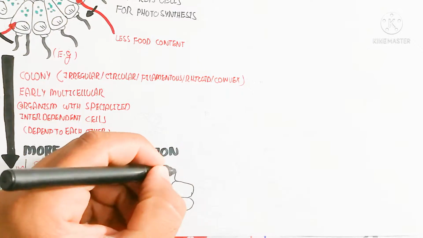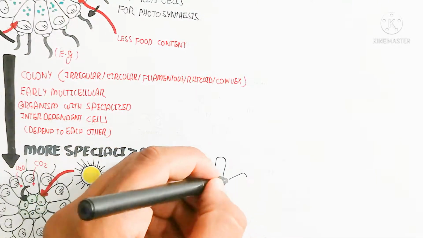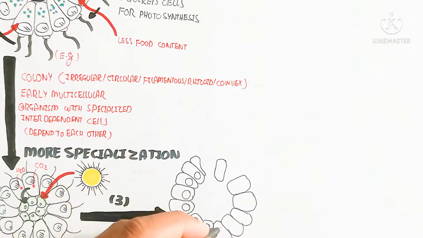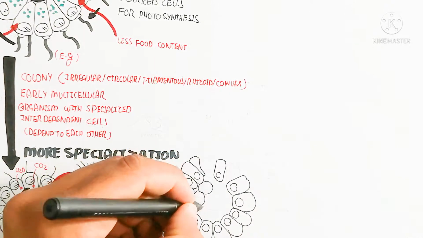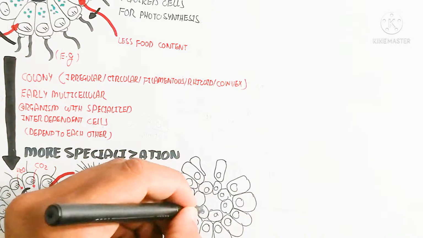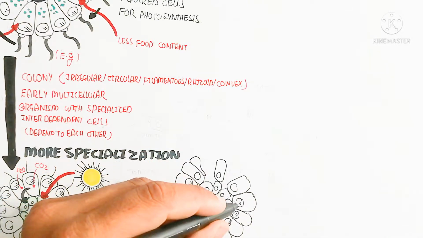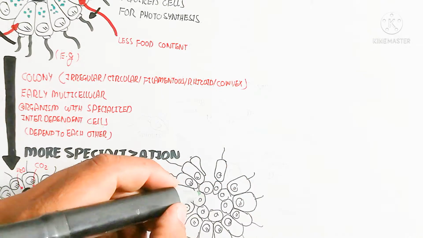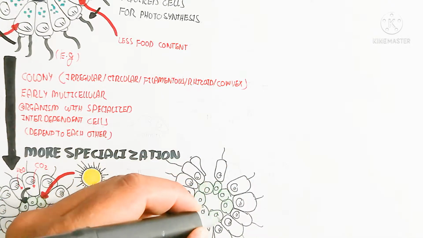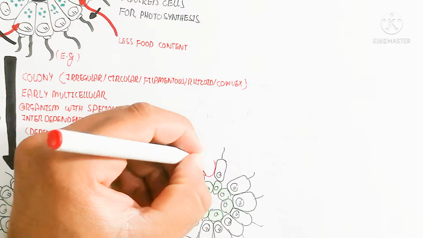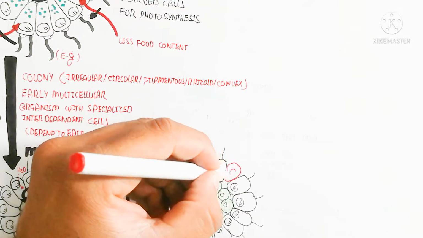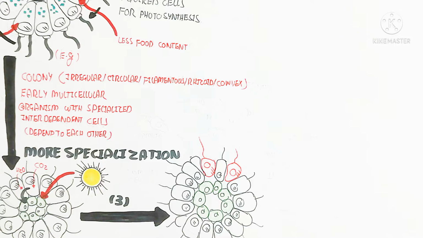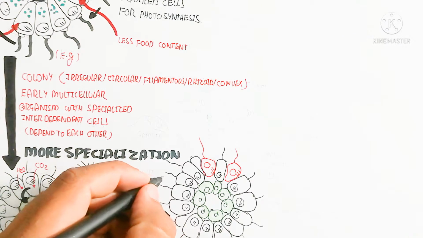This is more specialization compared to the previous colony, because the previous colony worked collectively for movement and photosynthesis, but here the jobs are different. The photosynthetic cell will move inside, while the flagellated cell will become heterotrophic, because it will not synthesize food, while the inside is autotrophic.